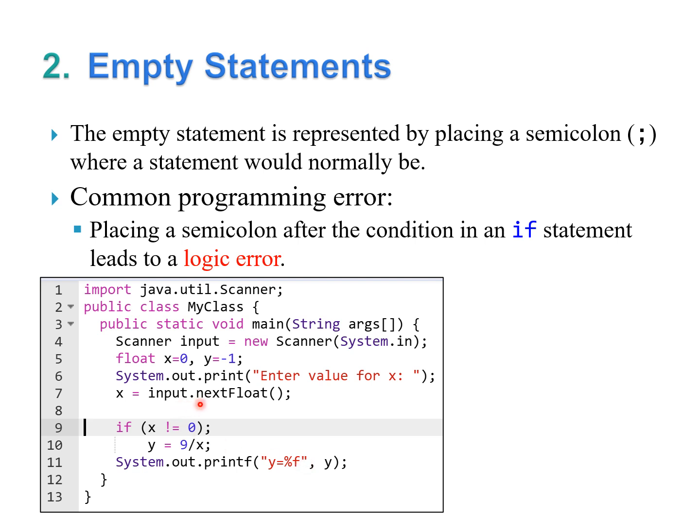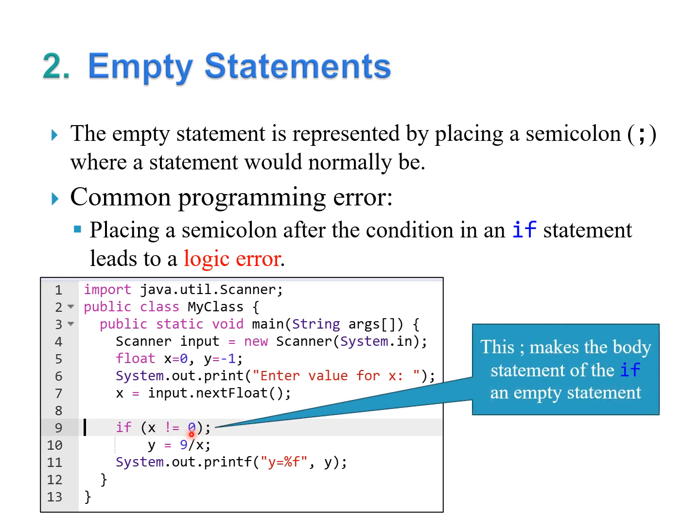But in this if statement, we unknowingly placed a semicolon after the condition. This makes the body statement of the if statement an empty statement instead of this assignment statement. So the if statement ends right at this semicolon.